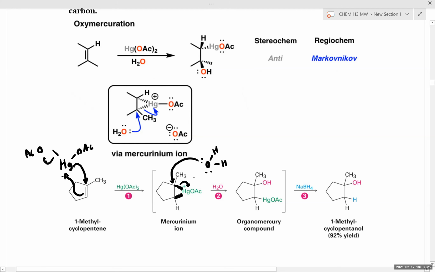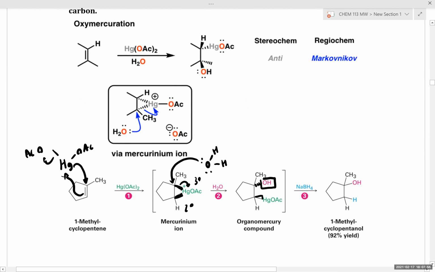So in this case, we have a choice between a tertiary and a secondary position. The tertiary position is more substituted. It has more cationic character. As a result, it has a weaker carbon-mercury bond, so it's easier for water to attack on that carbon and break your carbon-mercury bond. That gives us our alcohol installed with Markovnikov selectivity.